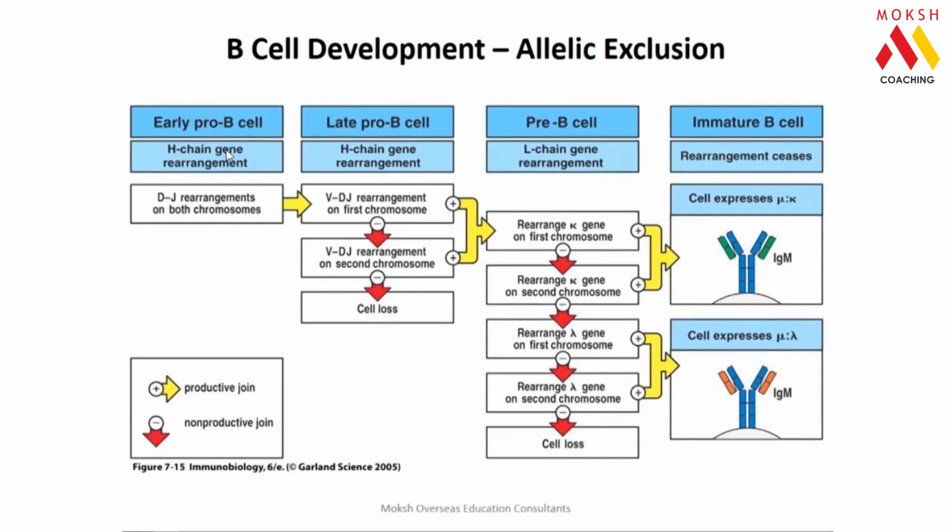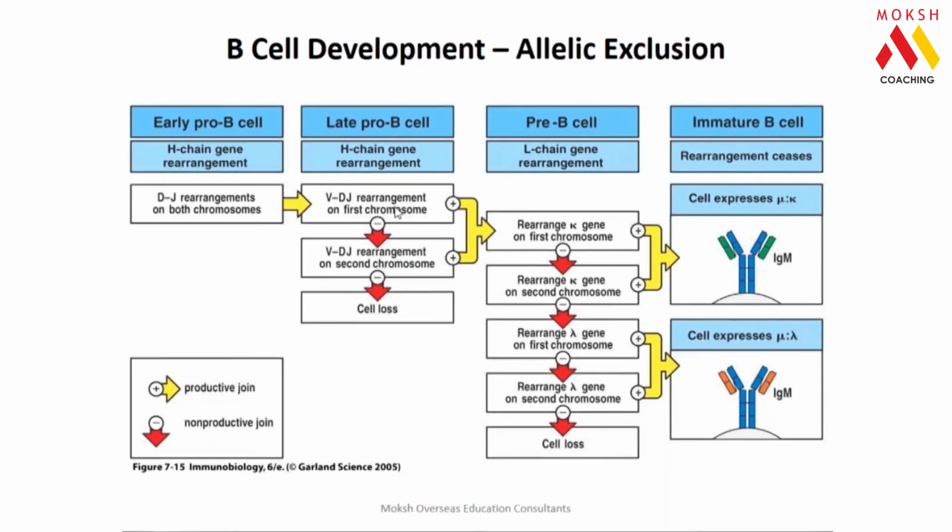And we start rearranging. And we start by rearranging the D and J, and that will be the pro-B cell part. And once that is complete, we complete the pro-B cell by finishing the VDJ part. Now, we start with one of the parents.